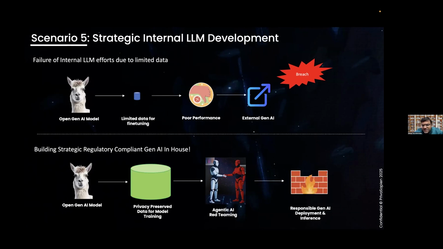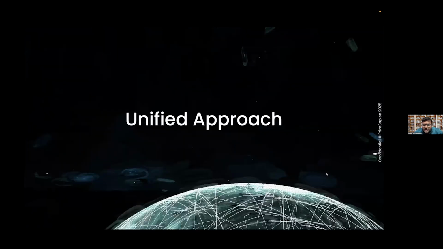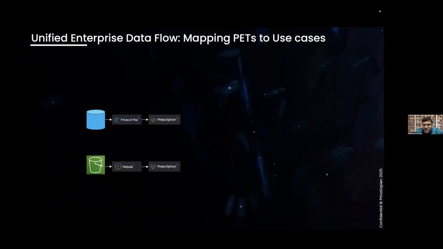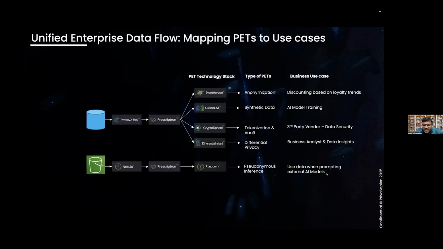Then during deployment, we provide a responsible Gen AI firewall during inference. Thus, it provides a very unified approach, right from consent to threat modeling to different kinds of mitigations: anonymization, synthetic data, tokenization, differential privacy, and pseudonymous inferencing, and using the data for different business use cases.